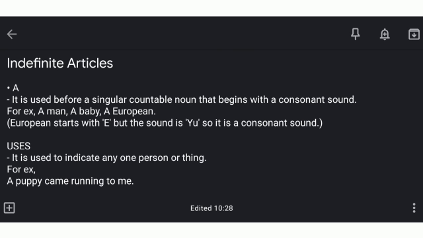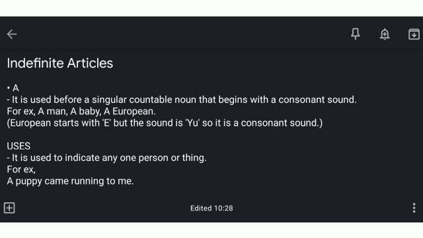Over here, European starts with E, but the sound is U, it's YU. The sound is consonant, that's why we will write a before it. So, when you read words which start with a vowel letter, you will have to say that word aloud. And if there is a consonant sound, then we will write a before it.